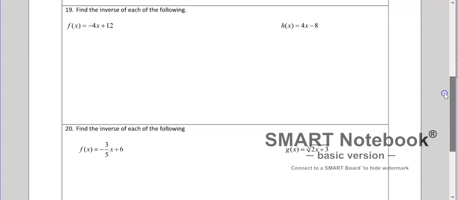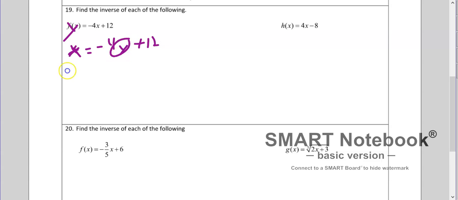Find the inverse of each of the following. So remember, step 1, change this to y. Step 2, switch the x and the y. Step 3, get this by itself. So we're going to subtract 12. And then get rid of the negative 4.